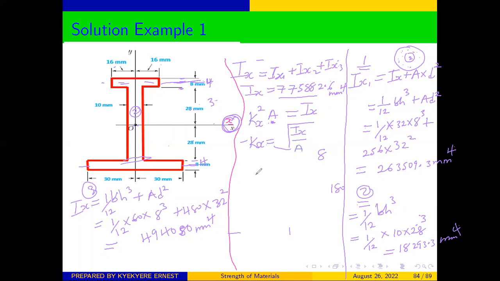And we know Ix is what you have calculated, which is 77575882.6, over the total area, which is 1520. And from there, the radius of gyration will be equal to 22.6 millimeters.